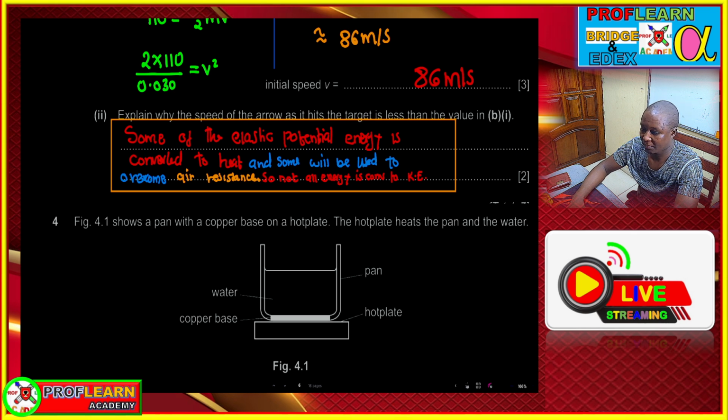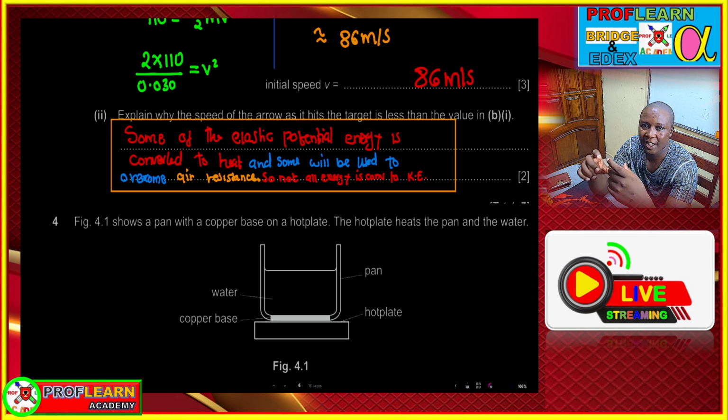That means the elastic potential energy is converted to kinetic energy, but not all of it. Some of the elastic potential energy will not be converted to kinetic energy, because when you stretch a material, the material gets hot. So some of the elastic potential energy will be converted to heat.